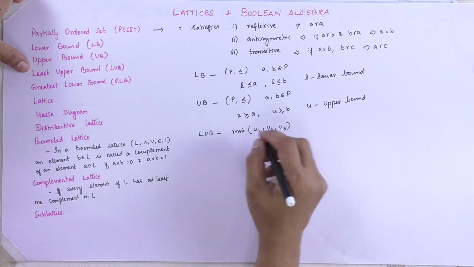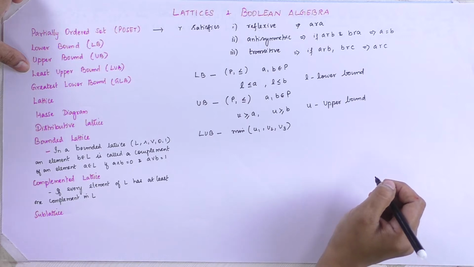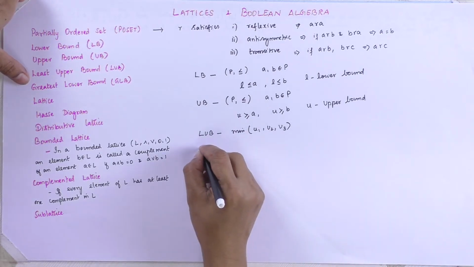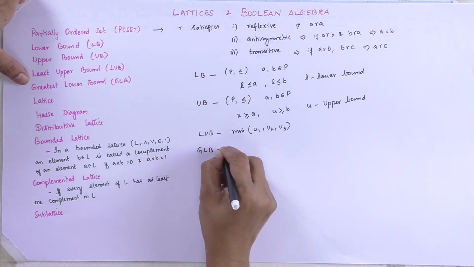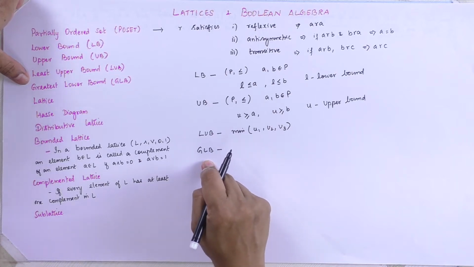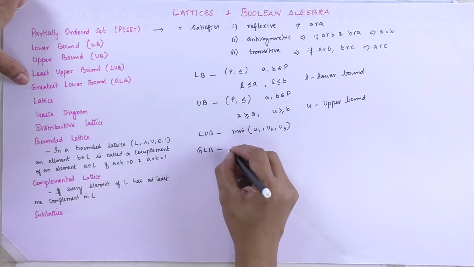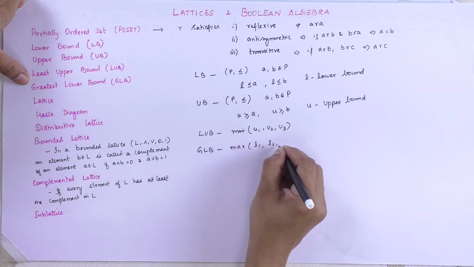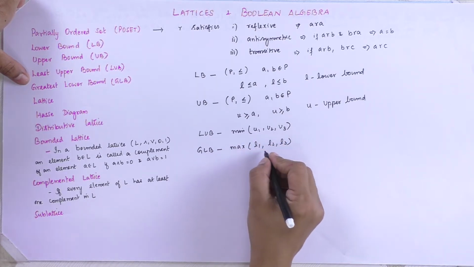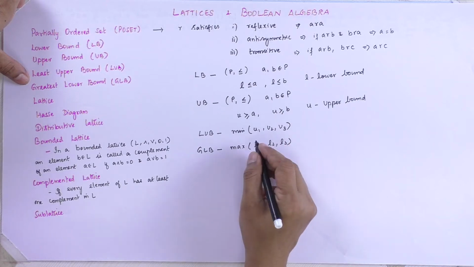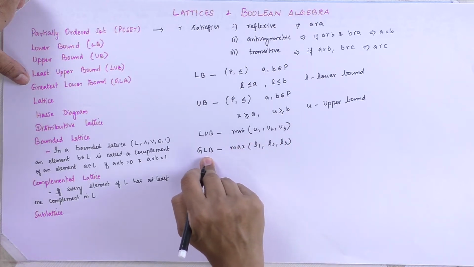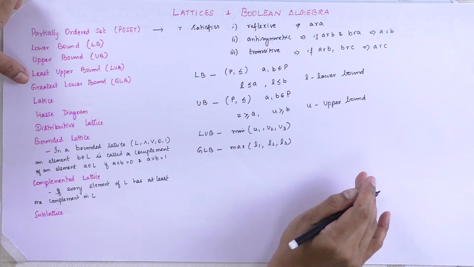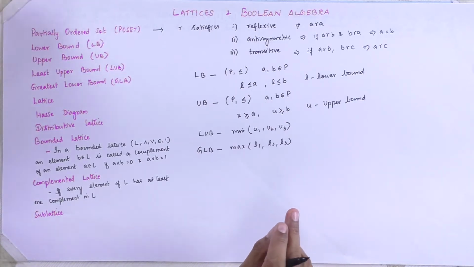So the minimum of all these will be my least upper bound. And for the greatest lower bound, I may have many lower bounds, of which I will have to find out which is the greatest. So which means the maximum of L1, L2, L3 if I have. I will have to find out what is the greatest among all these lower bounds, and that will be the greatest lower bound.